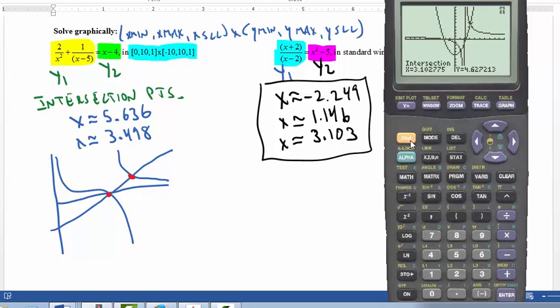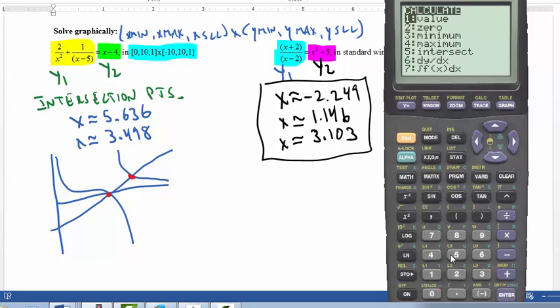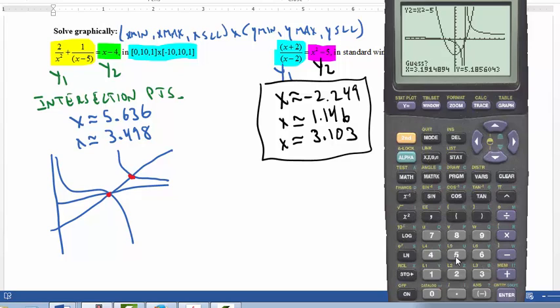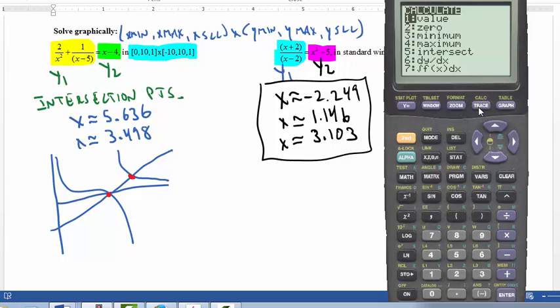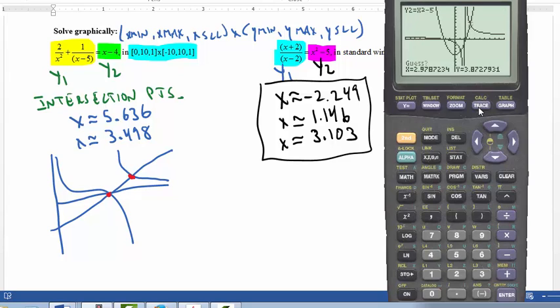And again, it shouldn't give me a solution here. If I do calc intersect and I try to get a solution here, hopefully it won't give me one. Well, okay, it gives me the other one again. There should be no way that I can get that point because it's not really a solution.